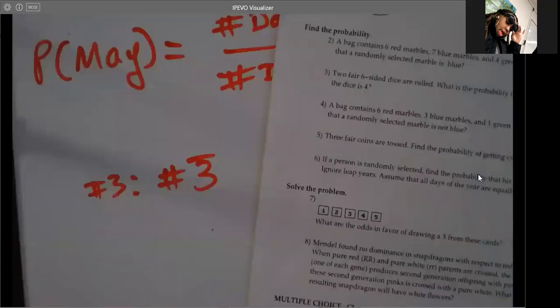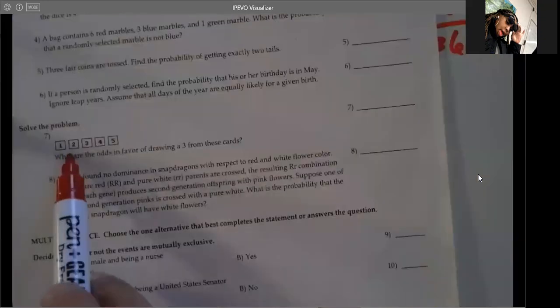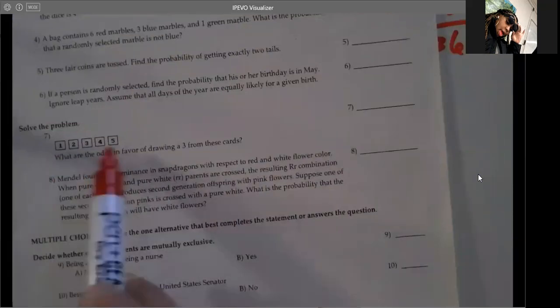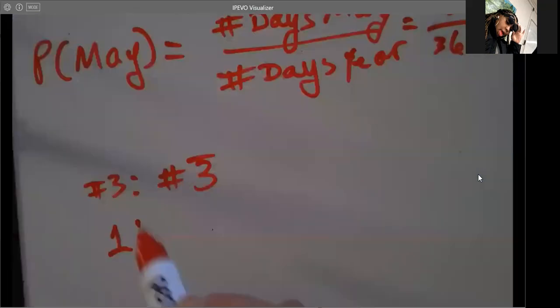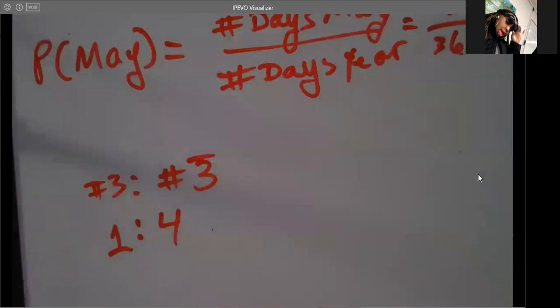So that's 1. Well, how many are not 3s? Four of them, right? So that's your odds that you'll select a 3. Odds in favor.